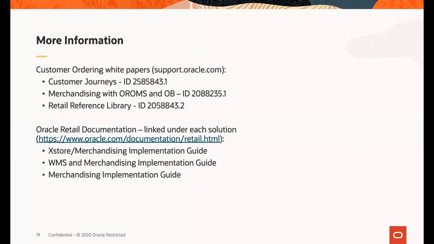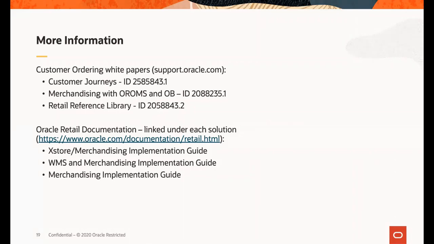You can see the ID number for it on My Oracle Support, where you can download that. Also, we have another white paper that specifically talks about the integration that we have with order management and order broker for those supported scenarios. And it also talks about how SIM or SIOX work in with that integration.